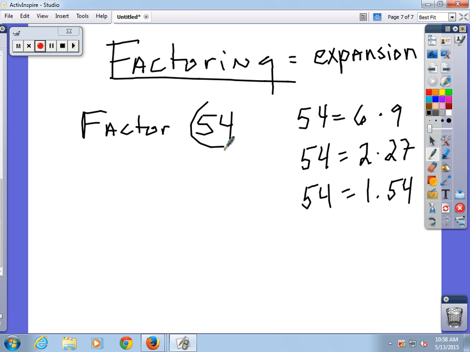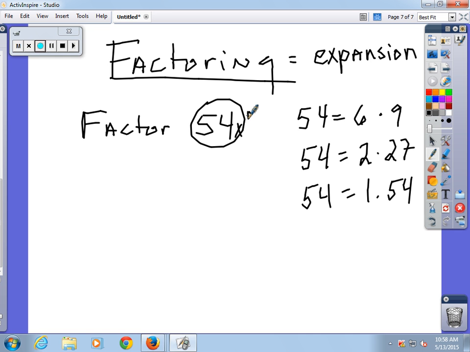What kind of term is this? It's a monomial. One term, 54x to the 0 power. That's a monomial. And I broke it up into 2 terms. I'm expanding it into its factors. Remember factor times factor equals product? Remember that back in? Okay, you're breaking it up into its factors.